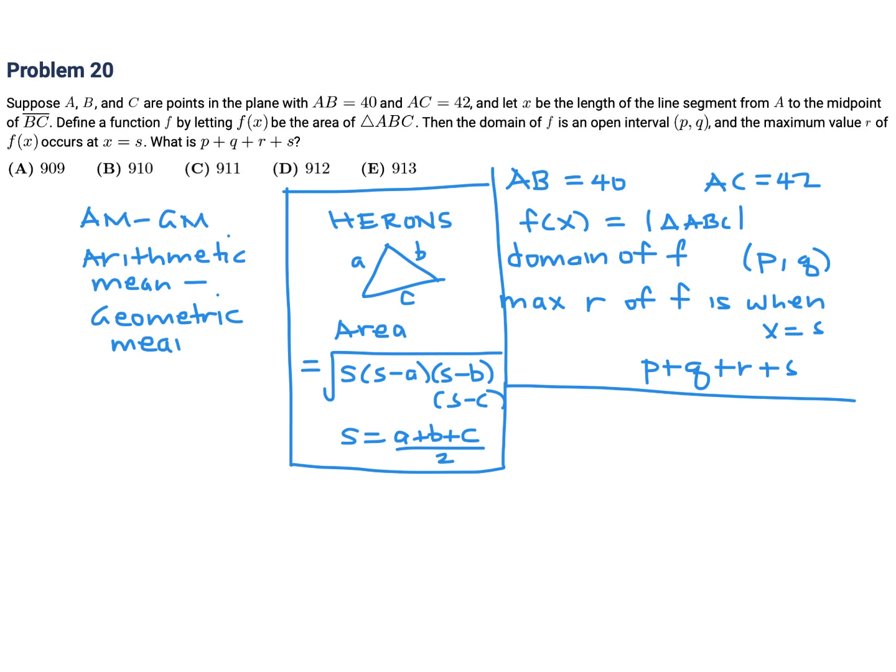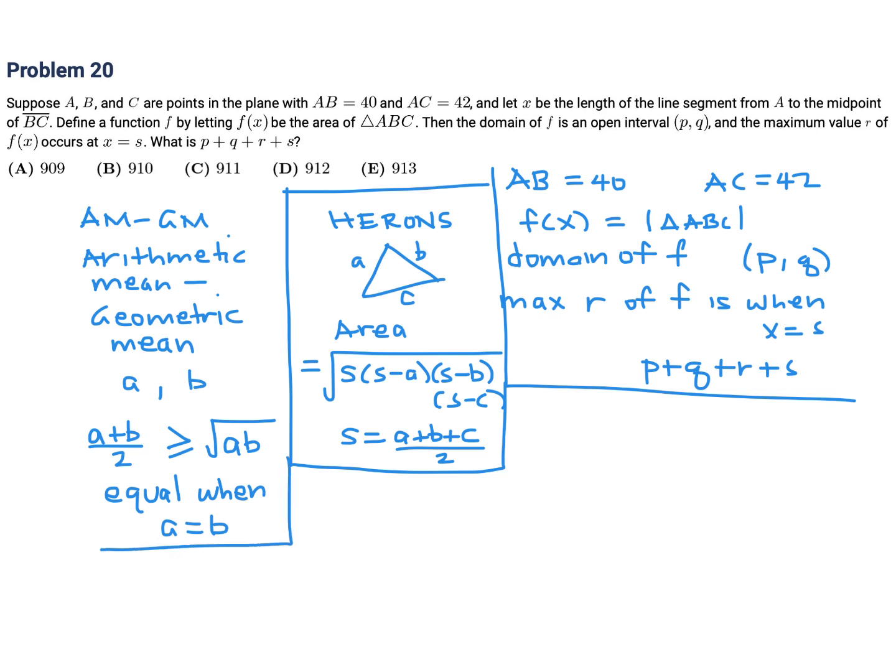And its formula says that if you have two numbers, A and B, that their arithmetic mean, which is calculated by A plus B divided by 2, will always be greater than or equal to the geometric mean, which is defined as the root of A times B. And it's equal when A is equal to B. Okay, so those are the two formulas we're going to use.